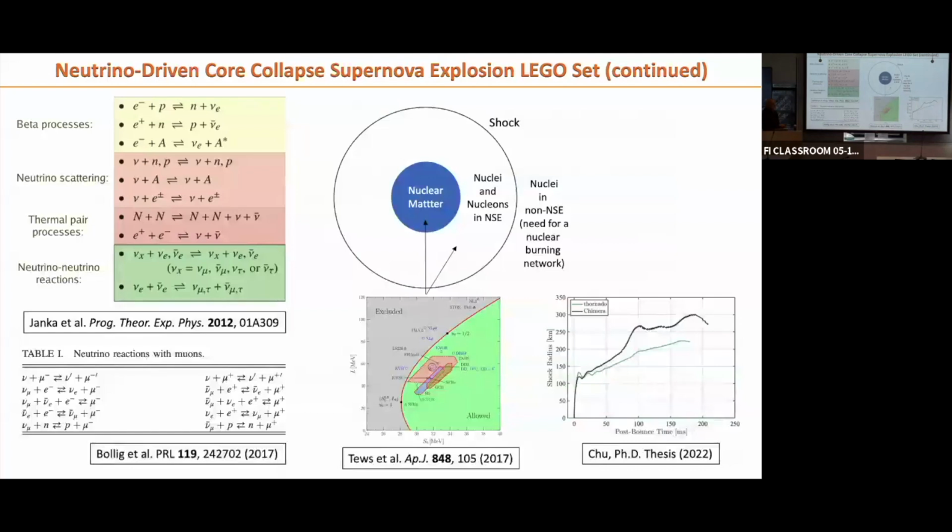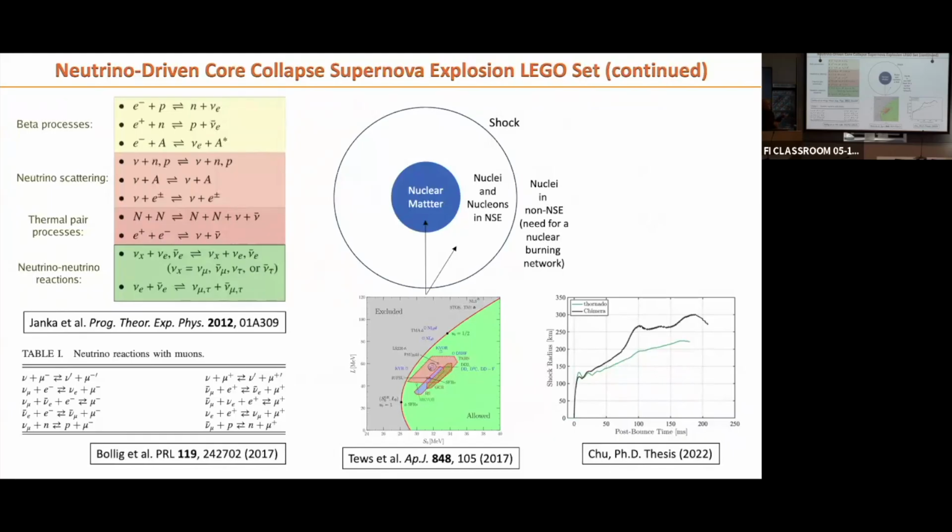So I've alluded to the microphysics already, but what's essential in this problem, over the years, is this set of neutrino-weak interactions written in a condensed form. When it's written out in terms of flavor and antineutrino, it's somewhere between 50 and 100 weak interactions that have to be included in these models.